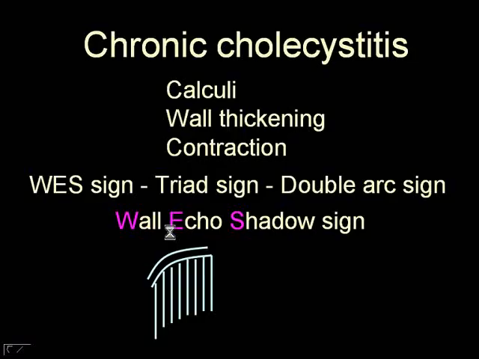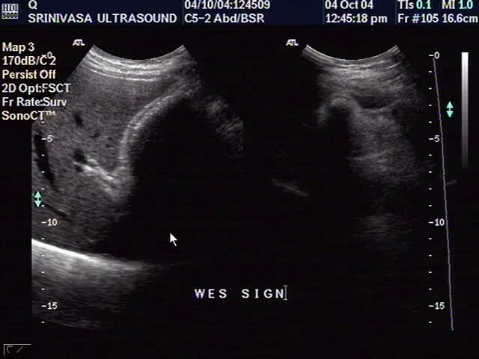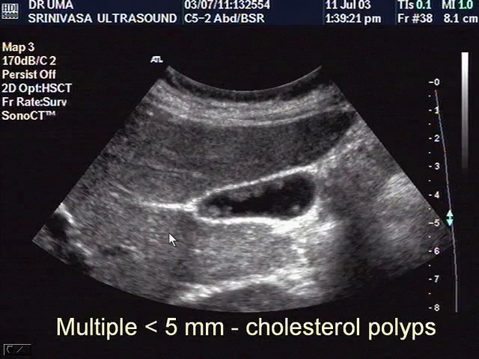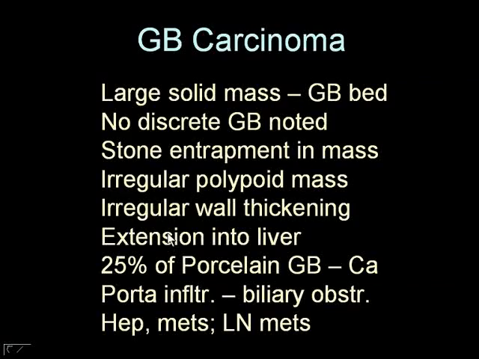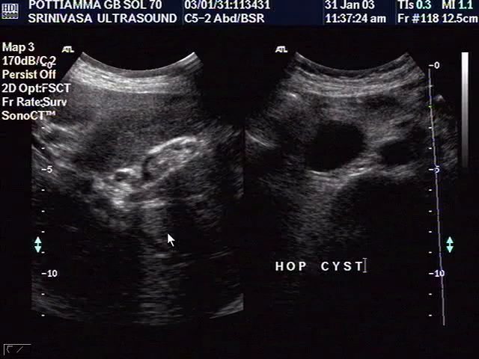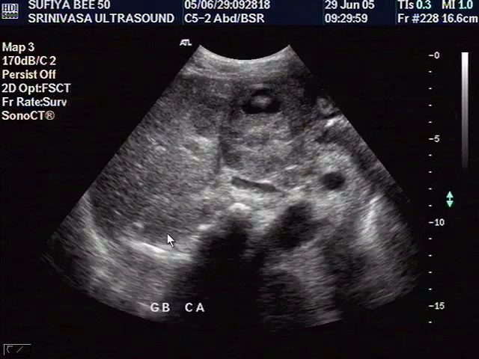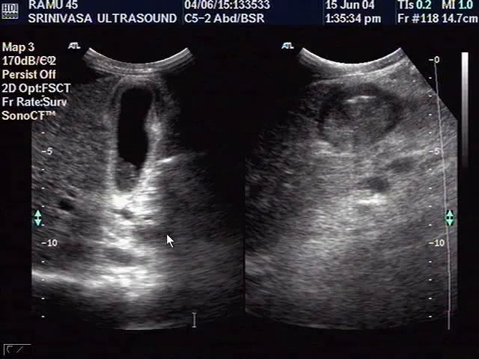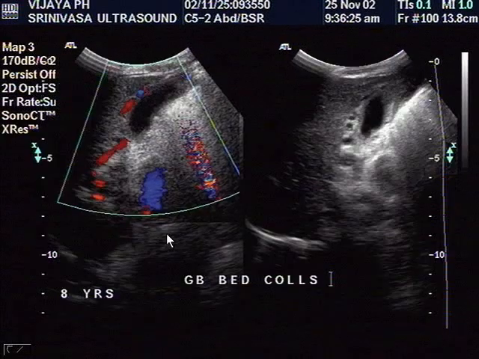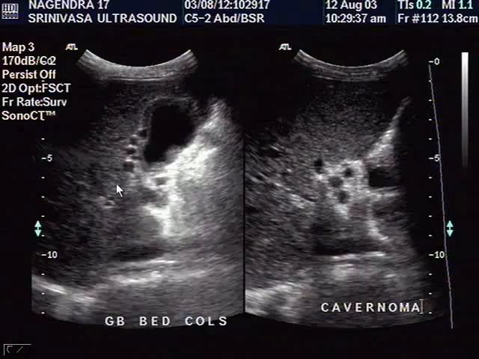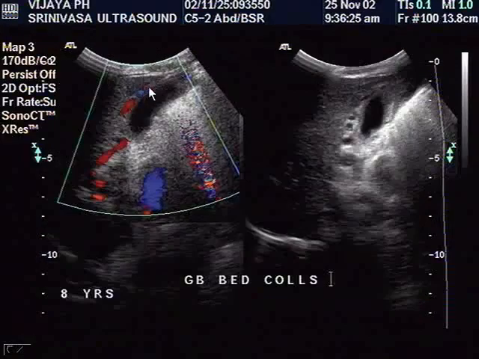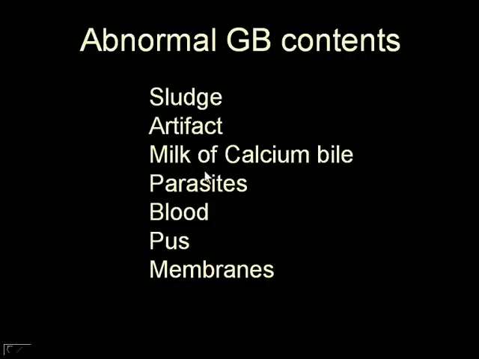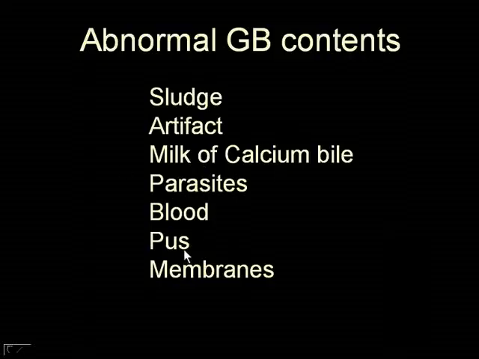So in cases of portal hypertension, you can have gallbladder wall collaterals, which are seen as really small, tiny little foci, and when you turn the color Doppler on, you will find each of them filling up with color. Can you see the small little vascular structures? So they are all gallbladder varices, and when you turn the color on, each of them fills up with venous flow.